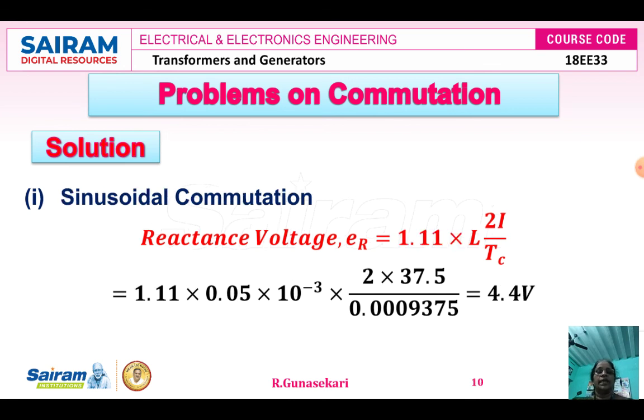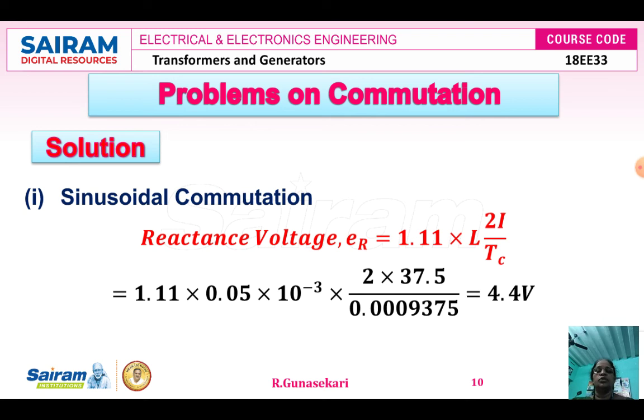Then second required data, that is reactance voltage for sinusoidal commutation. The reactance voltage denoted by letter ER is equal to 1.11 into L into 2I divided by Tc. That means the reactance voltage for sinusoidal commutation is equal to 1.11 into reactance voltage for linear commutation.